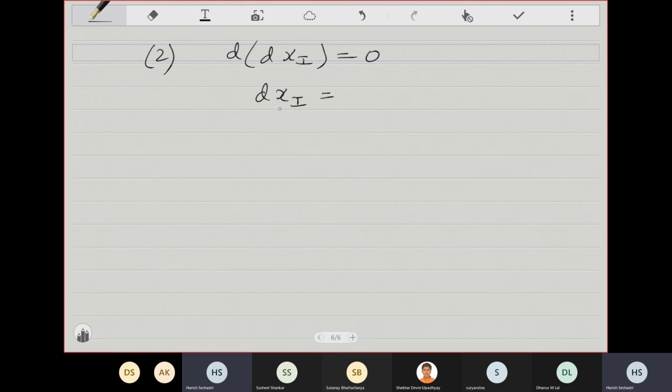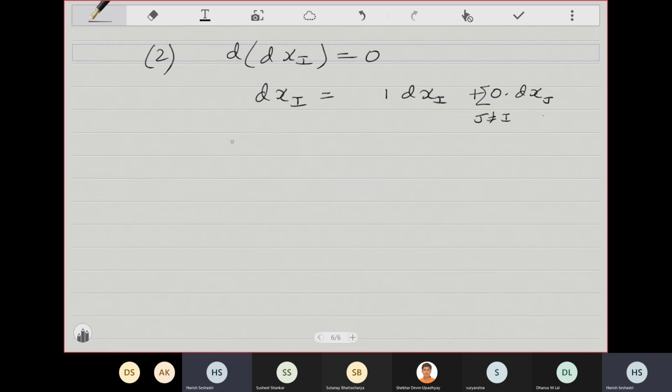So its standard representation is just dxi equal to 1 multiplied by dxi plus 0 multiplied by all other dxj, j not equal to i. So in other words, in its standard representation, all the coefficient functions are either 0 or 1, and in fact there's only one, for the index capital I.